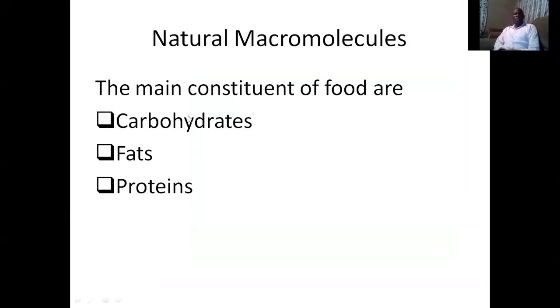And so we said natural macromolecules actually constitute food substances, and mainly we are looking at these macromolecules: carbohydrates, fats, and the proteins.